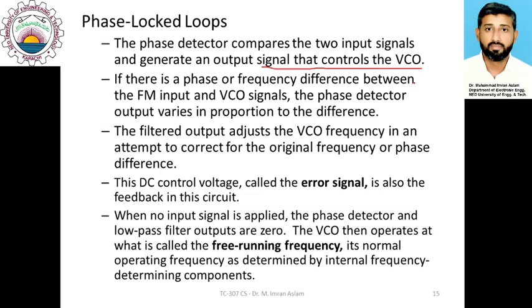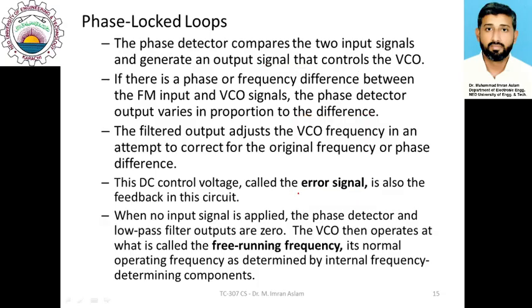If there is a phase or frequency difference between the FM input and the VCO signal, the phase detector output will vary in proportion to the difference, and eventually it will force the VCO to change its frequency in order to follow the incoming signal. So this error signal, which is generated from the low pass filtering, follows the message signal, so it can be used to detect whatever message signal was there.